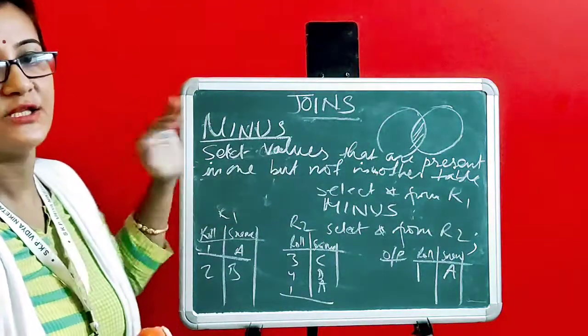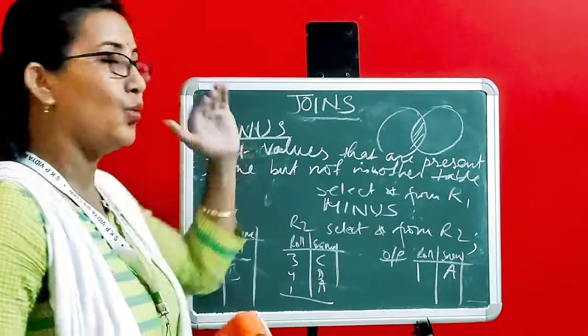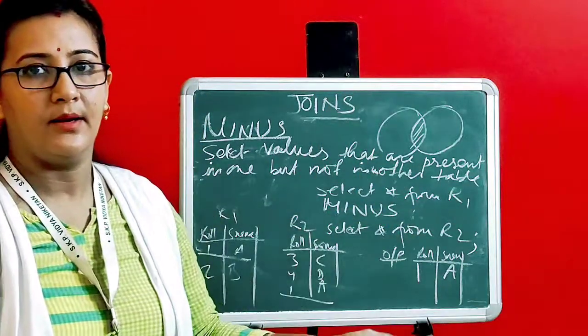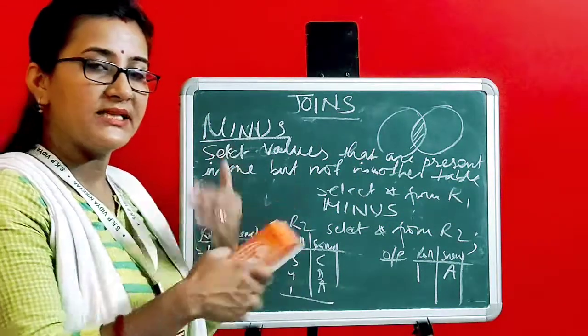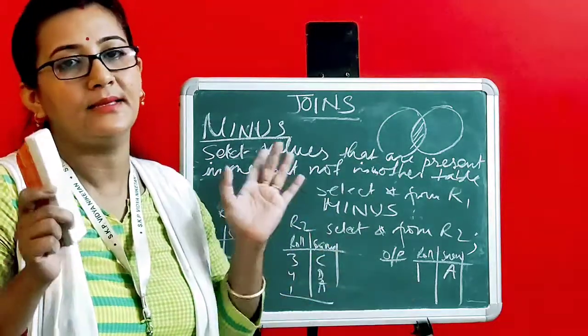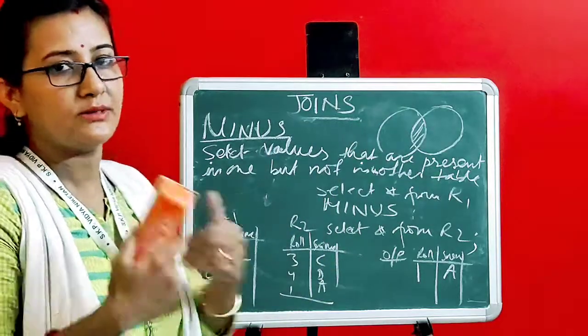Now see, minus join selects values that are present in one table but not in the other table. The values present in one table and not in both is what the minus join produces as output.